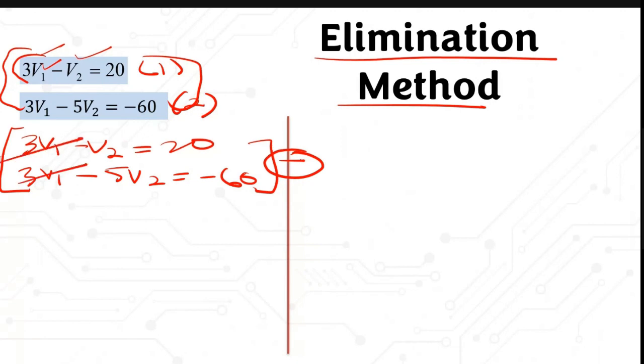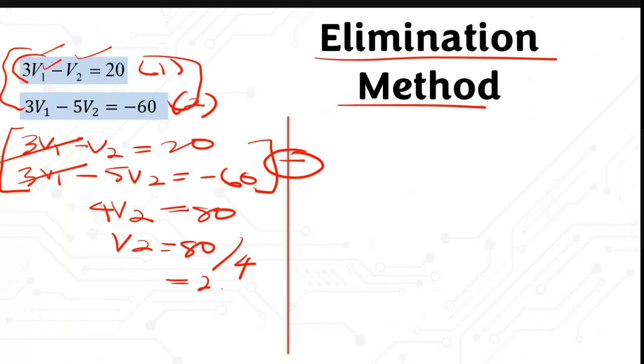So now I get only V2. Negative V2 minus minus V2, so I get 4V2 equal to 20 minus minus 60, which is 80. Then V2 is 80 over 4, so V2 is equal to 20 volts.